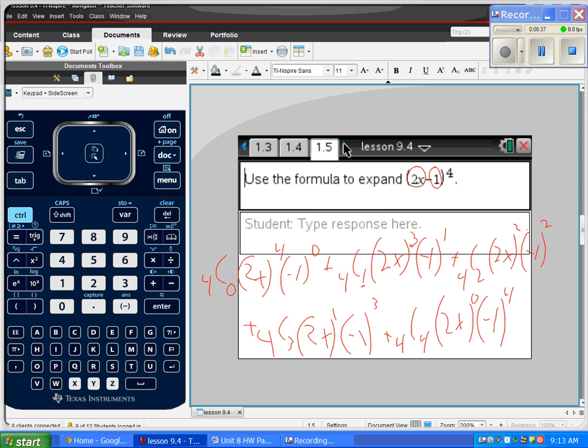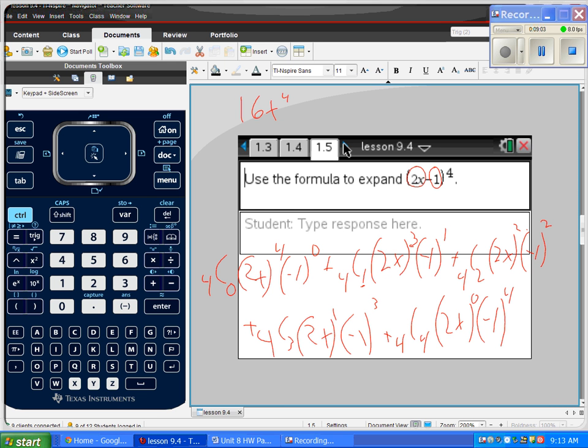You gotta remember your exponent rules. 16x to the fourth. It's kind of like distributing the exponent. When you have all multiplication, you distribute the exponent. You can't distribute the exponent over addition, but you can over multiplication. So 2 to the fourth is 16, x to the fourth.